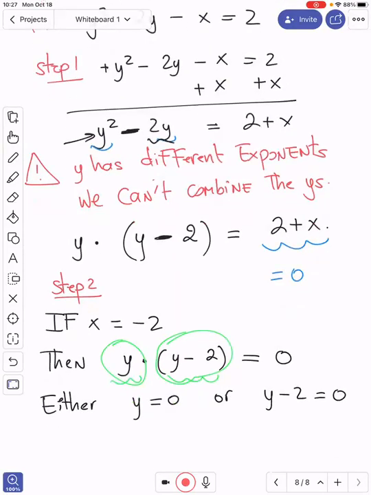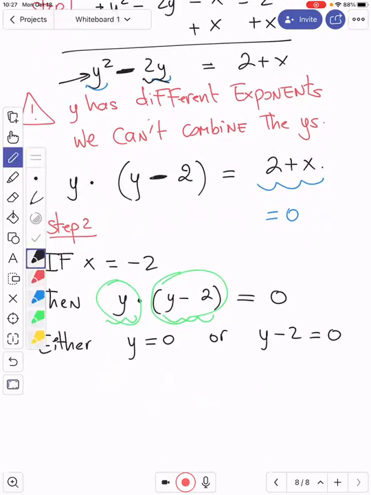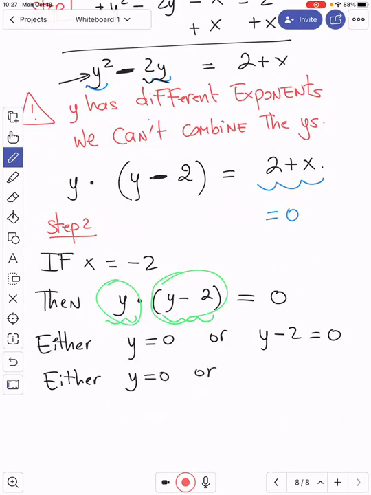So here we are saying we can have two possible answers. If my x is -2, we can have either y is 0, or y minus 2 is 0, then y would be positive 2, right? 2 minus 2 would be 0.